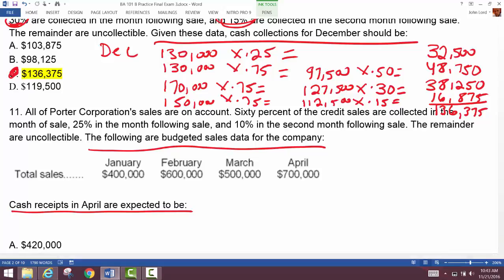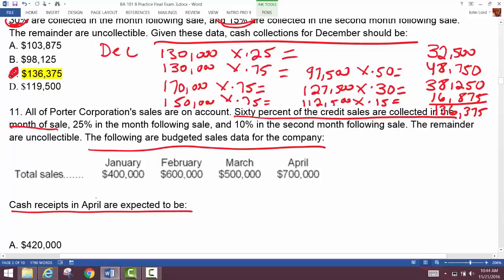One of the hardest problems I have with these problems is when they write a number out instead of giving me the percent, because I'm sitting there looking for the percentage. What's the percent that they collect in April? I'm looking for an actual Arabic number, and they give me a written number. So they tell me 60% of the credit sales are collected in the month of sale.